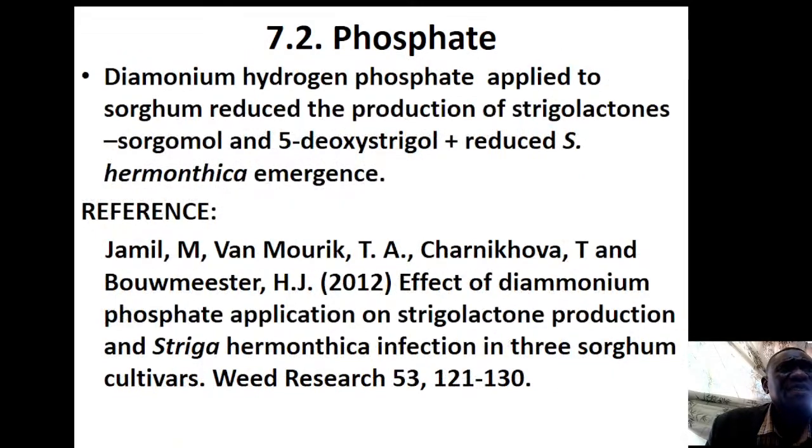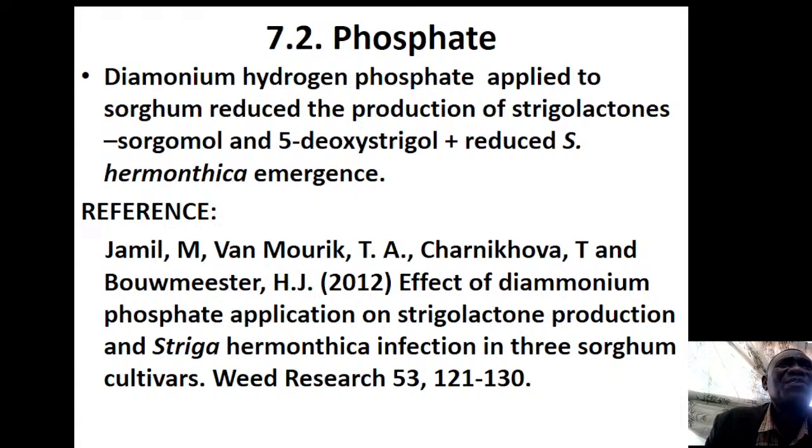Then phosphate can also reduce the incidence of Striga. We have diammonium hydrogen phosphate, which was applied to sorghum.